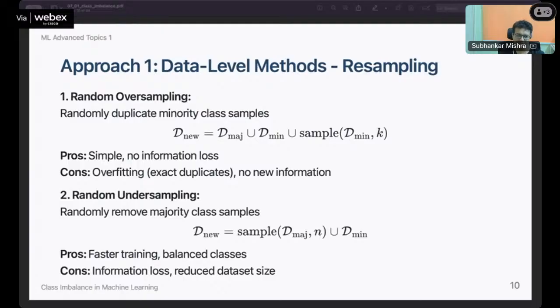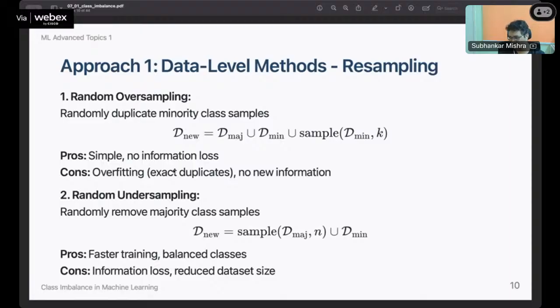The simplest approach is, for example, oversampling what we have. Assume you have majority classes, let's say 90 of them, and 10 from the minority. You can randomly oversample the minority class samples.